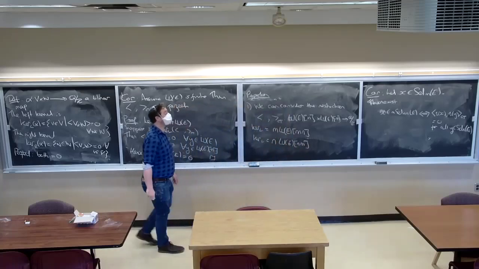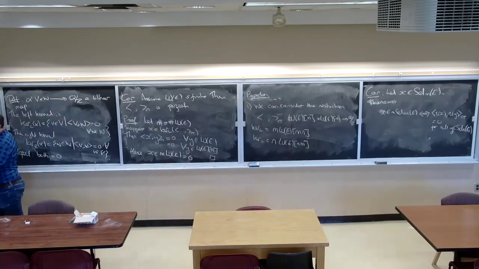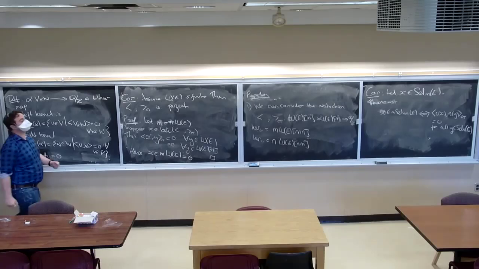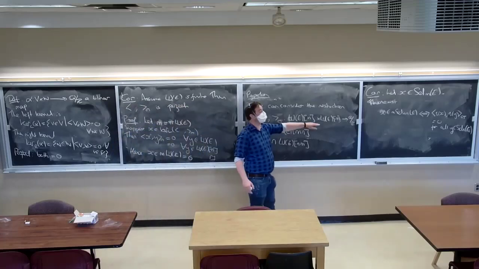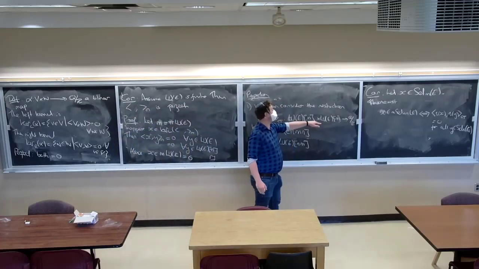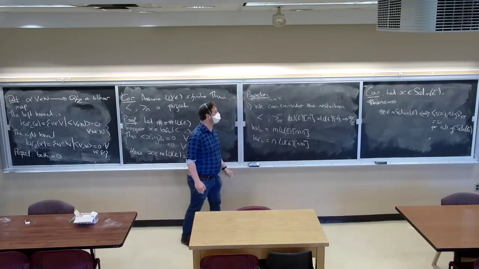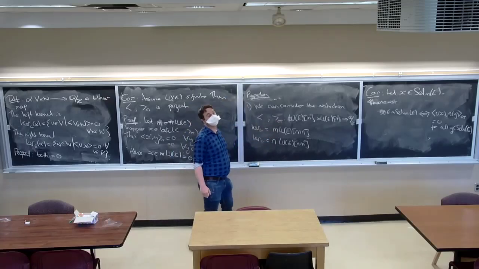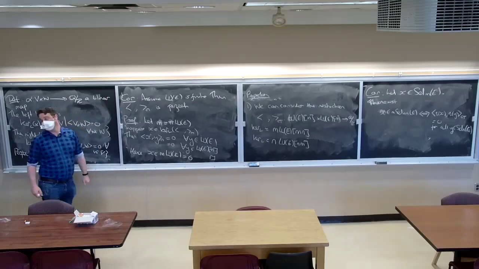So this will no longer be a perfect pairing, but it's a pairing whose kernel does exactly what we defined this thing to do in the first place. Suppose I started with an m-torsion point. How do I know that it's divisible by n? Well, if it pairs to 0 with everything that it's supposed to pair to 0.